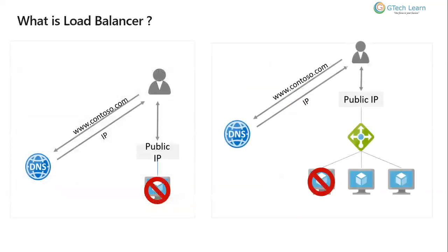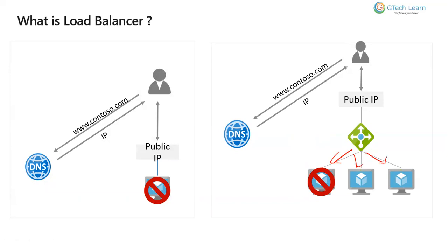Moving ahead and talking about the load balancer. Azure Load Balancer is a service used to distribute traffic between your web servers or different workloads. Using the load balancer, we can distribute traffic to the different workloads that we have attached as a backend pool.